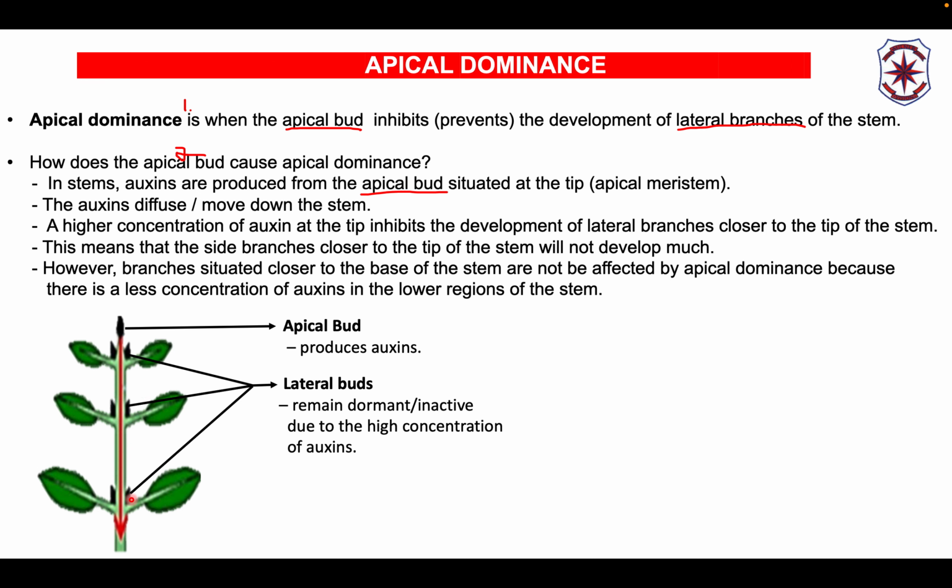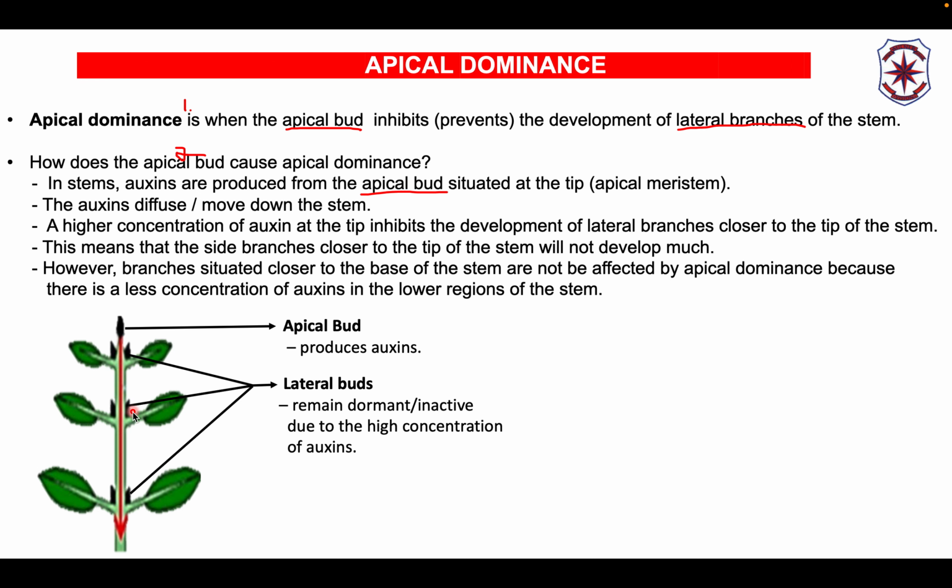They form side branches. So there we have our main stem. Those are not side branches. These are actually leaves. So the job of the lateral buds is to form the lateral branches, the side branches of the plant. So we have two main buds there: the apical bud, which produces auxins, and then the lateral buds, which form lateral branches.